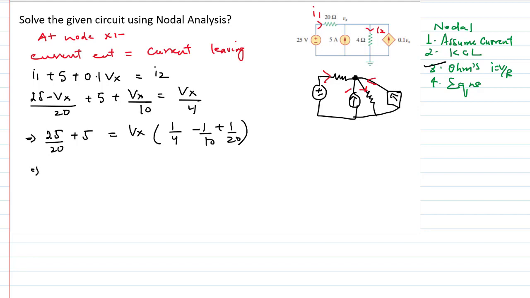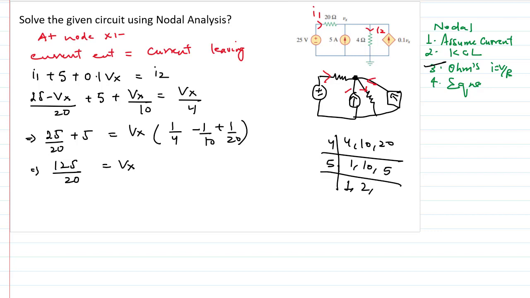It would be 125 upon 20 is equal to Vx times something. What will be the LCM of 4, 10 and 20? You can do it here: 4 into 1, 4 into 5, 2 into 5 and 1. So 40 is the LCM.